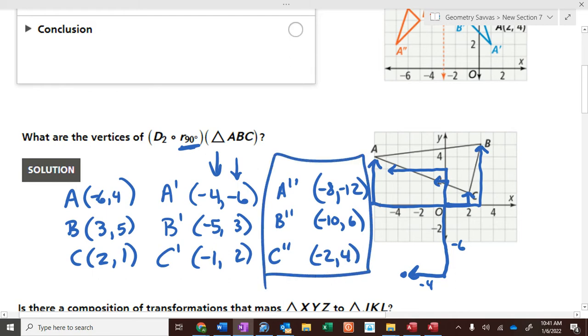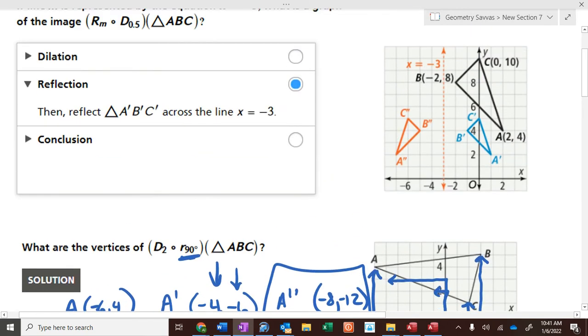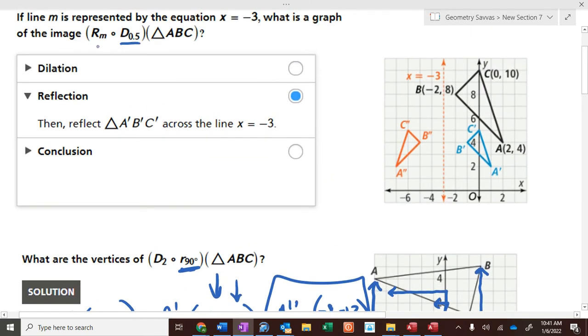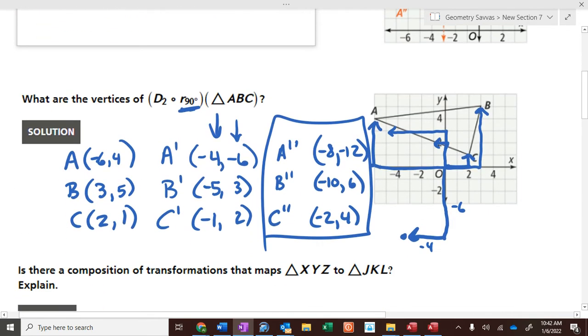And that's your final answer. Okay? We rotated it, then we dilated it. Up here, we dilated it, then reflected it. When you have a composition of transformations, you work from right to left. Work from right to left. Do this one first, then that one. Okay?